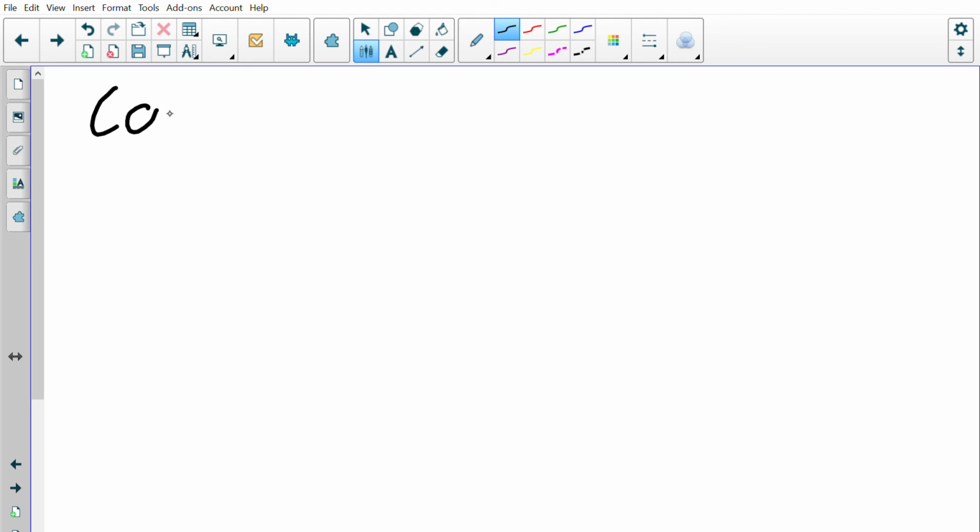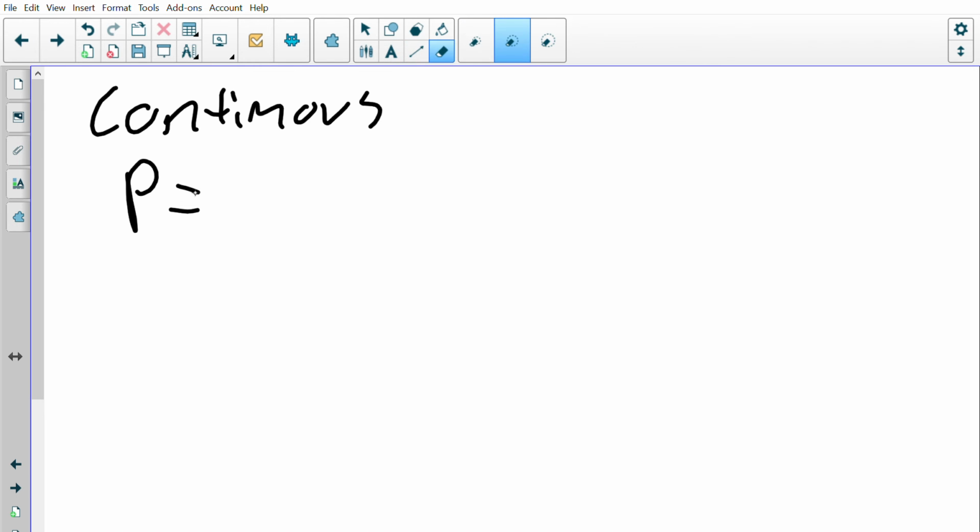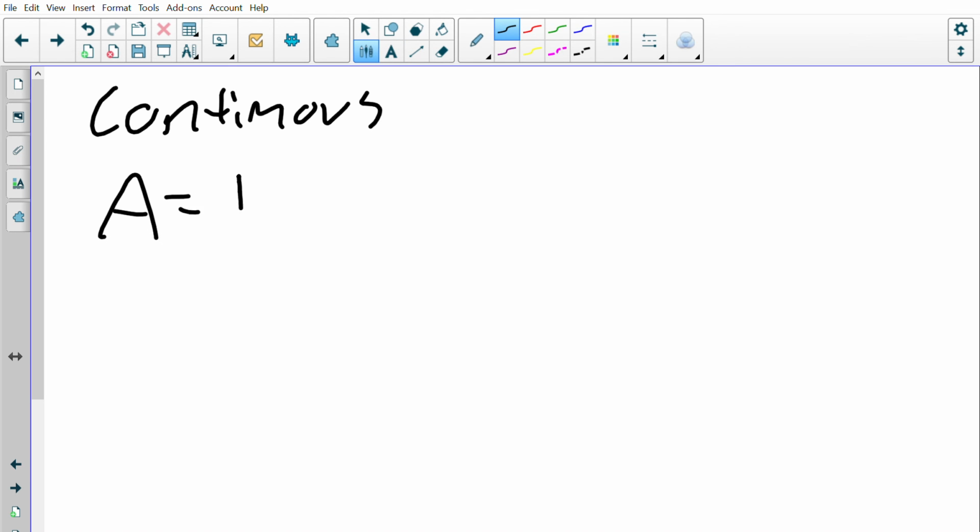Continuous, though, is the equation where our end amount is equal to our principal times this letter e to the rate times time.